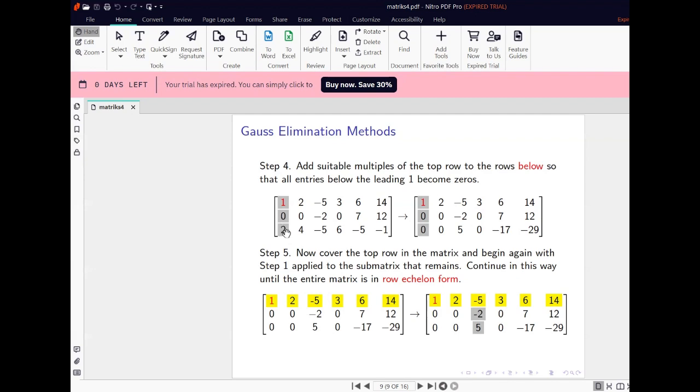To make this 0, we have to multiply this one by -2 and add the result into the third row.